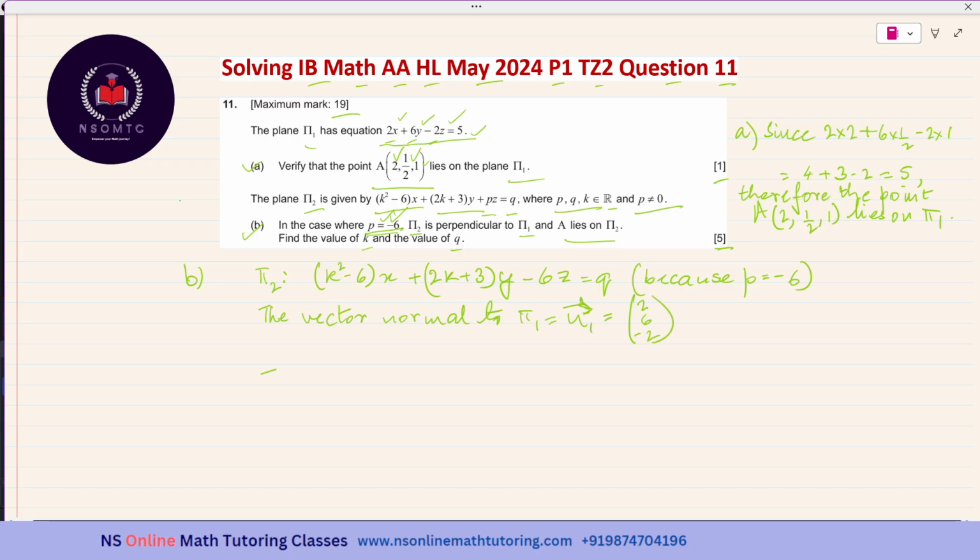And the vector normal to pi2 is n2 vector, which is equal to k square minus 6, 2k plus 3 and p is minus 6.